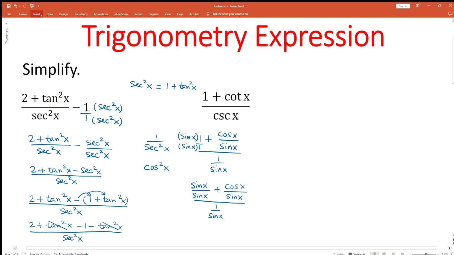The denominator fraction 1 over sin x stays the same. Next, we can combine the fractions in the numerator into a single fraction because they have the same denominator.